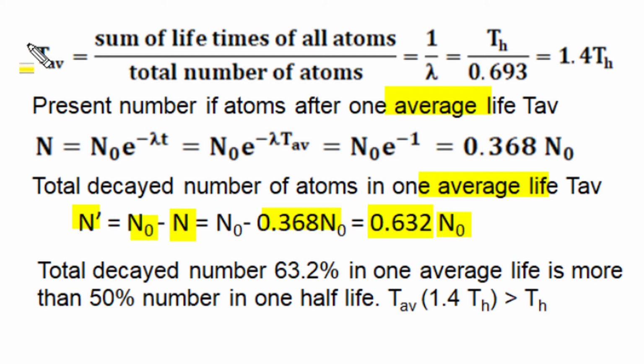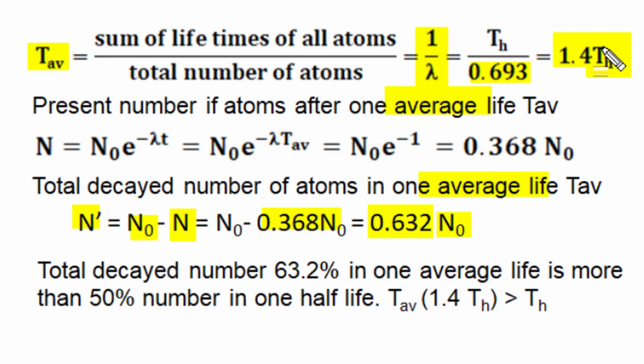Now, as the expression of average or mean life says it is the inverse of the decay constant, and the product of decay constant and half-life is natural log 2 or 0.693, we can say that the average or mean lifetime of a radioactive substance is 40% more than its half-lifetime.